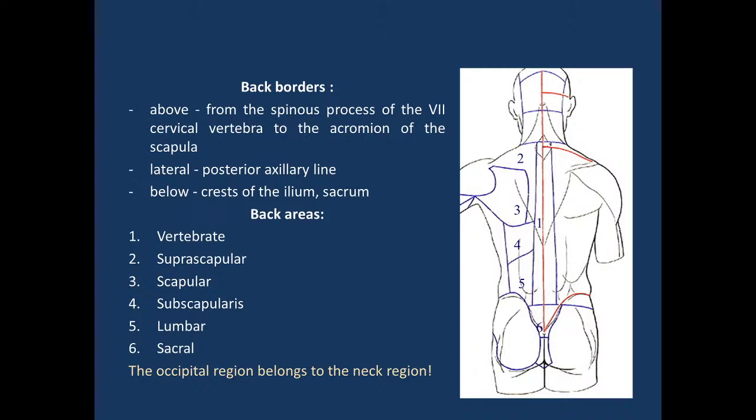The border between neck and back goes from the acromial process of the scapula here to the seventh vertebra, processus spinosus of the seventh cervical vertebra. Then it goes right to the right acromial process of the scapula.